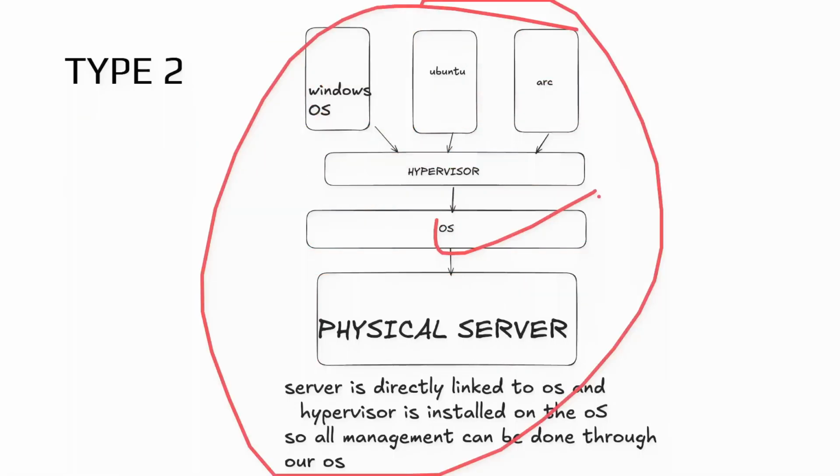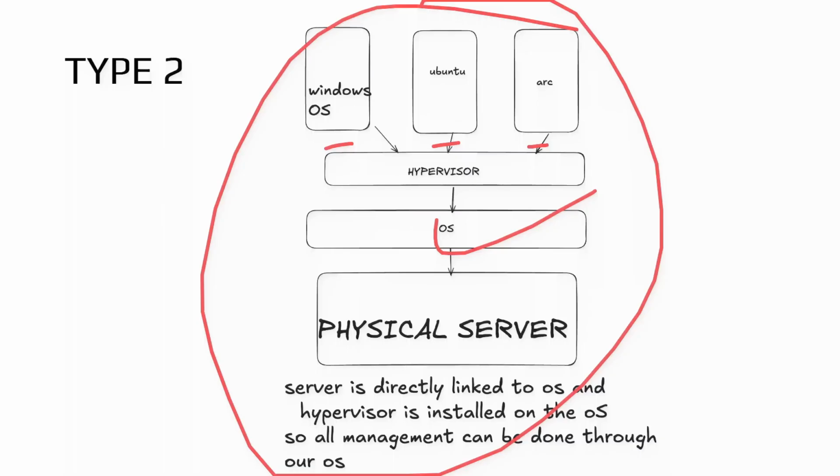Type 1 is a lot lighter when compared to type 2, but still this whole setup is very heavy. Suppose you have a use case where you don't need different OSs, you just want one operating system, but you want application level isolation. Then this virtualization, this hypervisor, this whole thing is a bad idea for you.